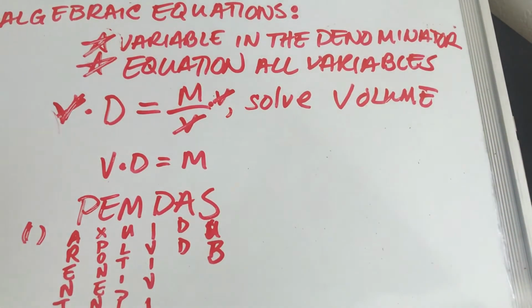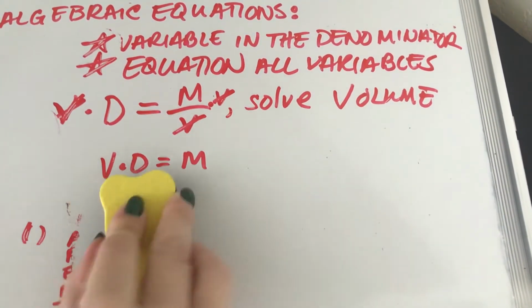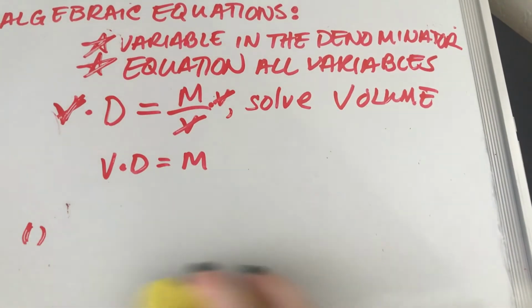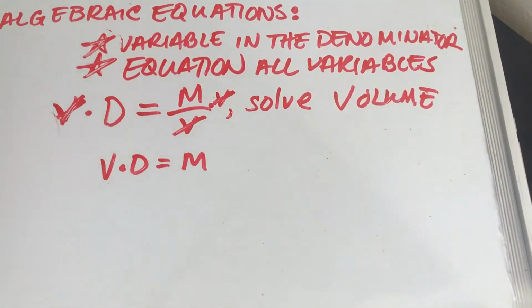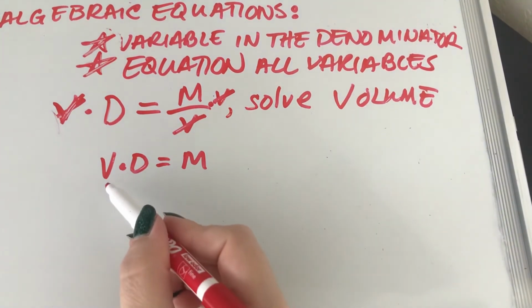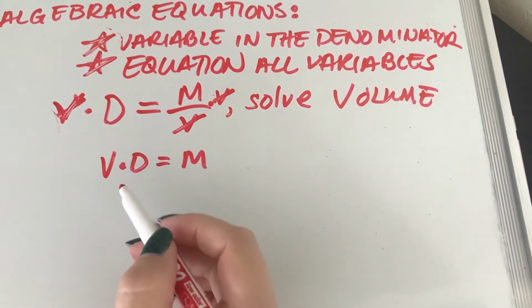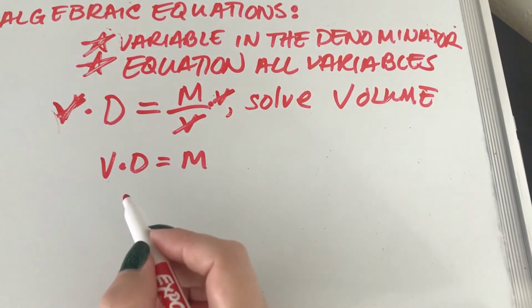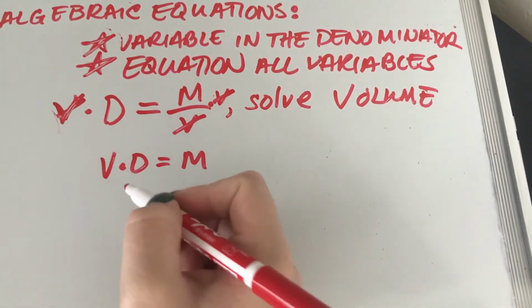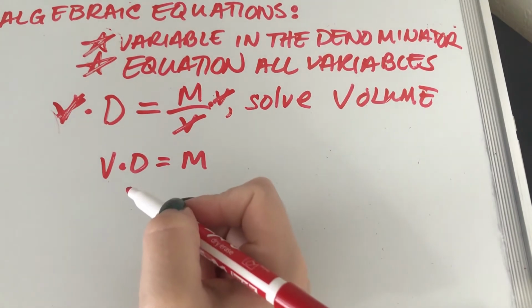Oh wait, we didn't finish that. Sorry guys, we started talking about PEMDAS. So we were still trying to solve for volume, right? So do we have volume by itself? No, not yet, right? Sorry, guys. It's clearly 8 o'clock in the morning. So what can we do to get V by itself?